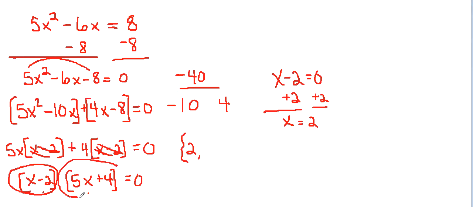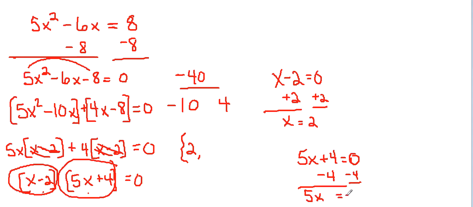Now I want to take this one, 5x plus 4 equals 0, and solve for x. Okay, so what I have to do here is subtract 4, and I've got 5x equals negative 4, and then I'm going to divide by 5.